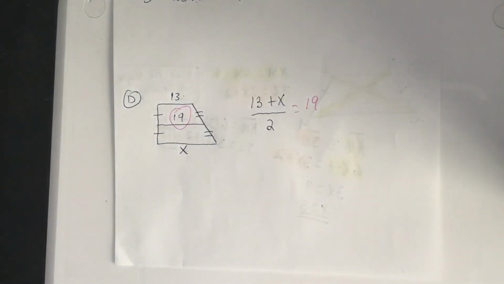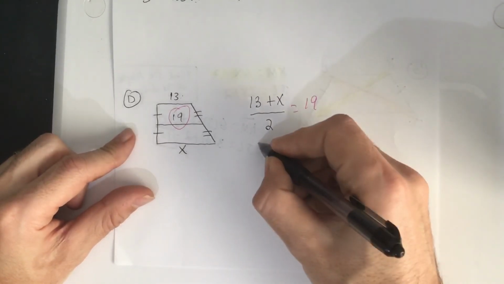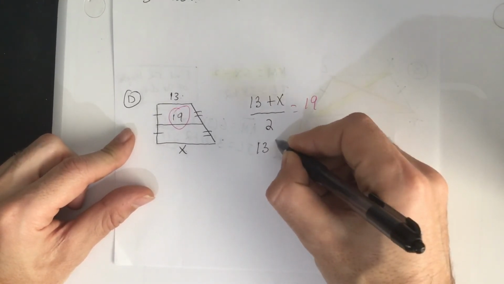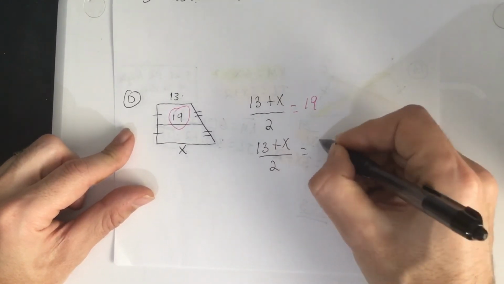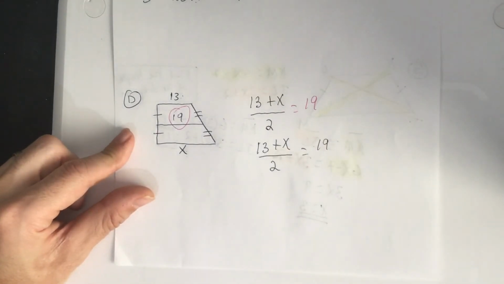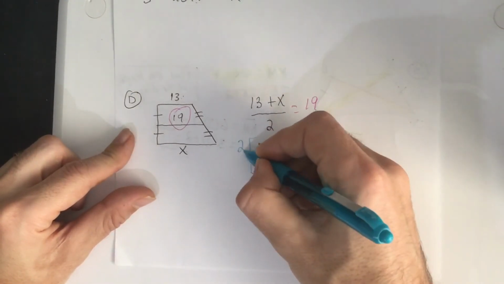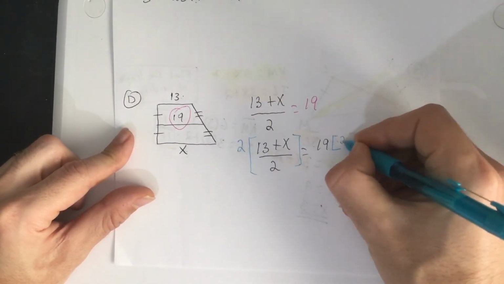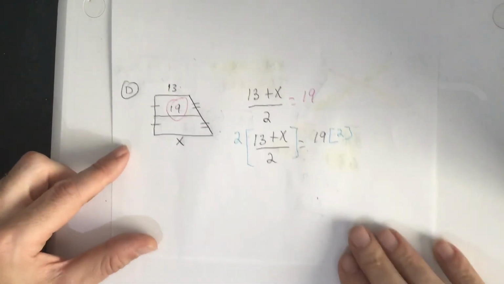Now we gotta solve this equation for x. Now some of you will say, oh, well, that's too complicated because it's a fraction. But guys, it's really simple. You need to multiply everything by the common denominator, which is 2. So algebra 101, guys. So this is what you got. If you multiply this side of the equation by 2, you gotta do the same thing here. And let me move it up a little bit.